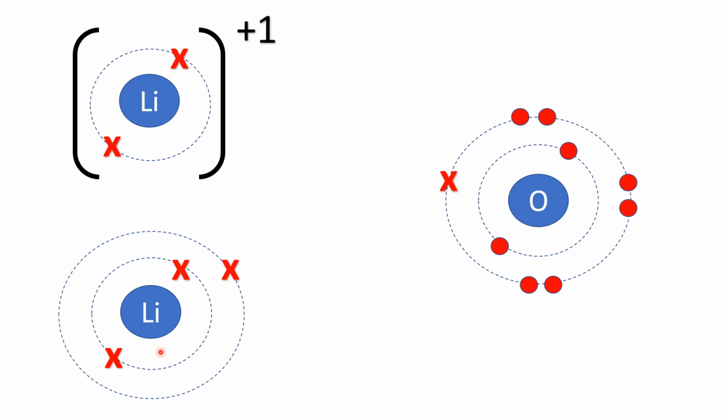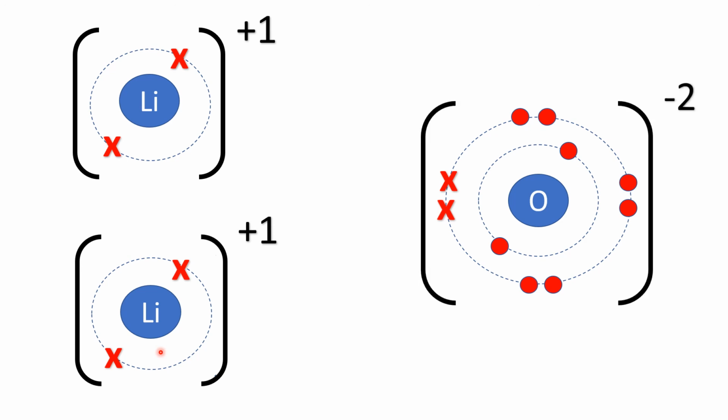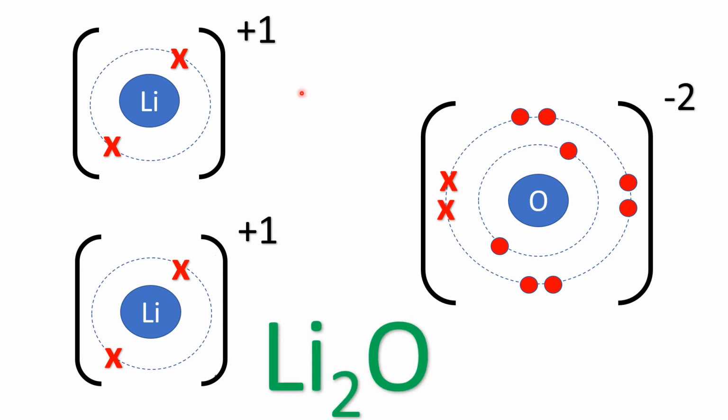It still needs 1 more electron, which is why we need the second lithium to transfer its outer electron. It also loses its outer energy level and becomes a +1 ion. And now oxygen is stable, so we'd have those brackets with a -2. So these should now be balanced, +2 and -2. And the formula then would be Li2O.